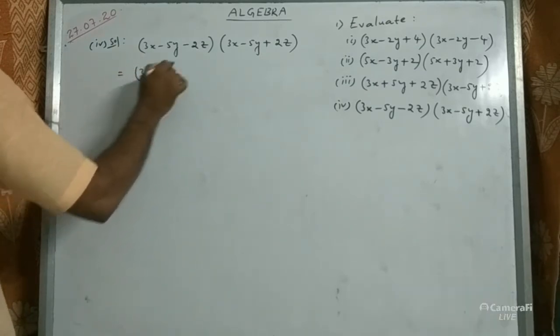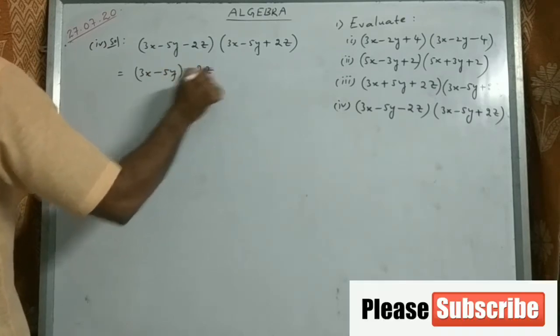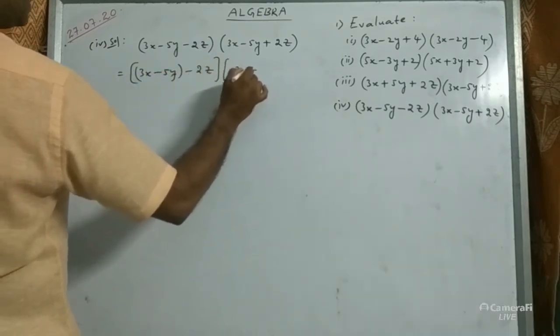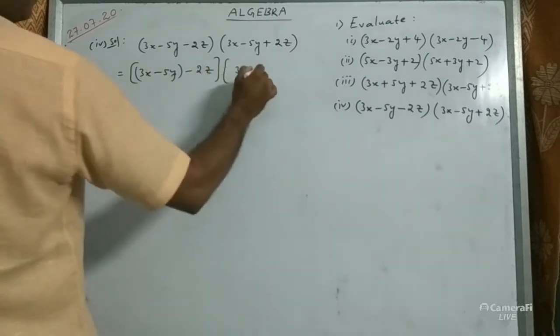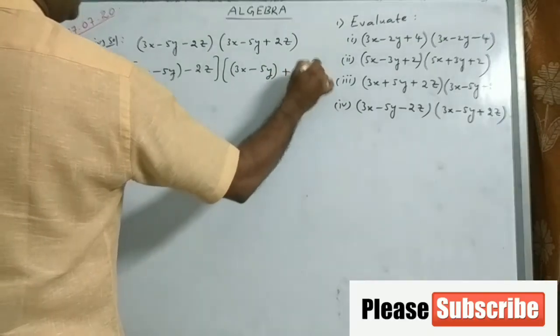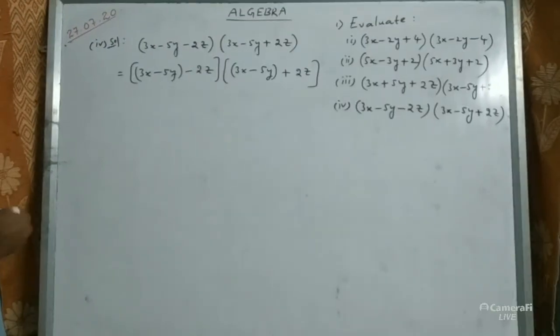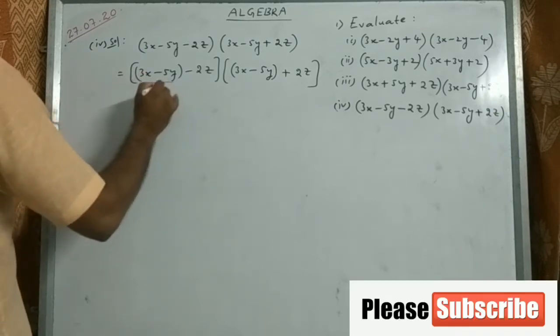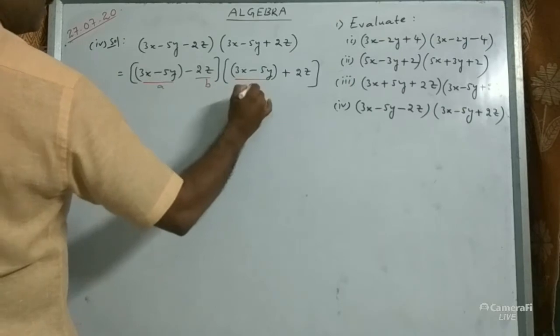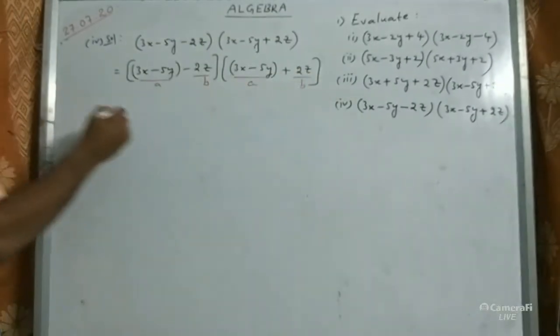3x minus 5y written together, minus 2z. Here 3x minus 5y together, plus 2z. Looks like that formula you saw once: a minus b, a plus b.